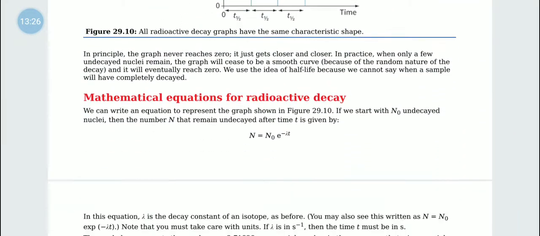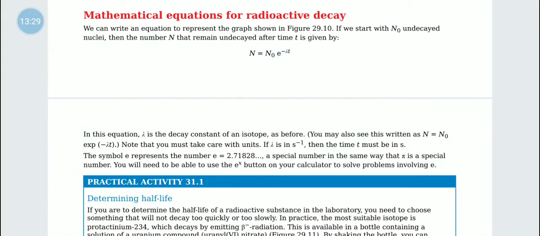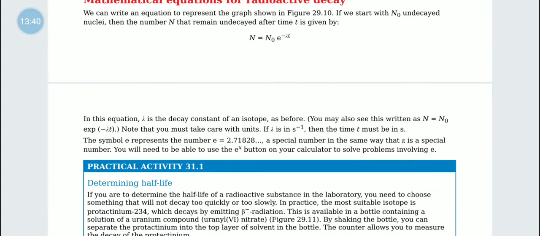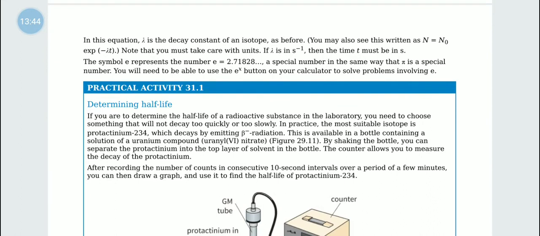First of all, write down: the half-life of a sample can be determined using an isotope that doesn't take too little or too much time to disintegrate, such as protactinium.